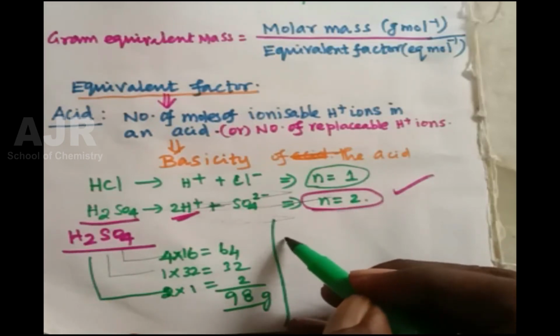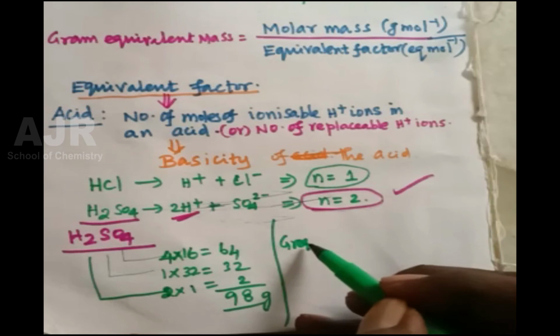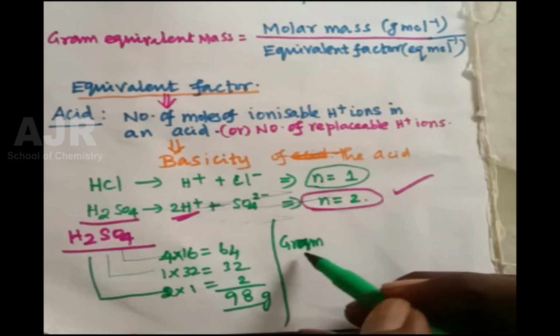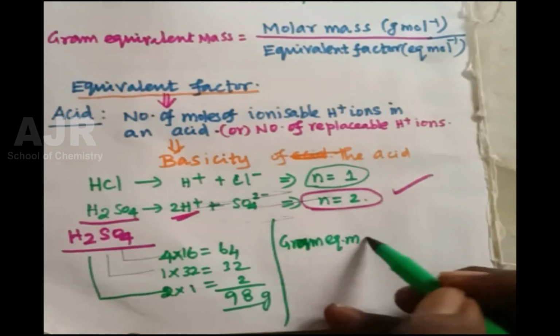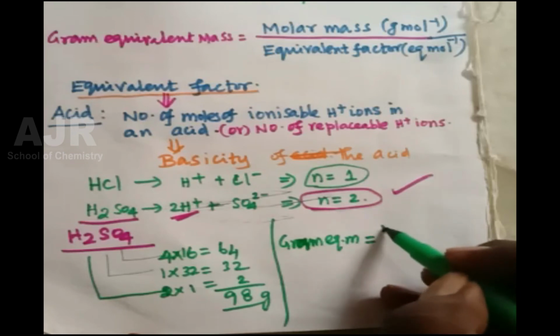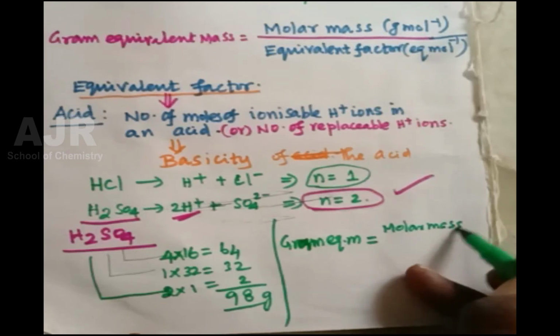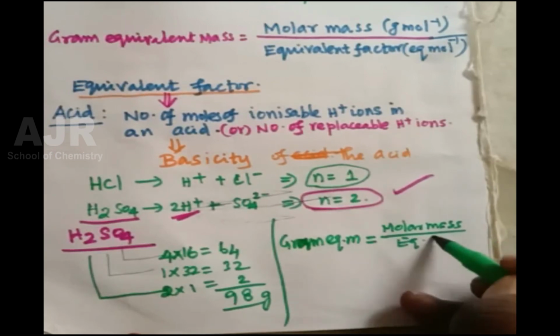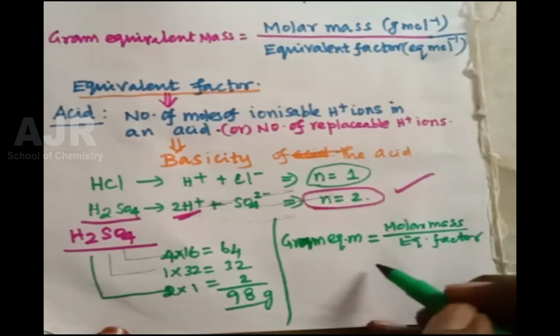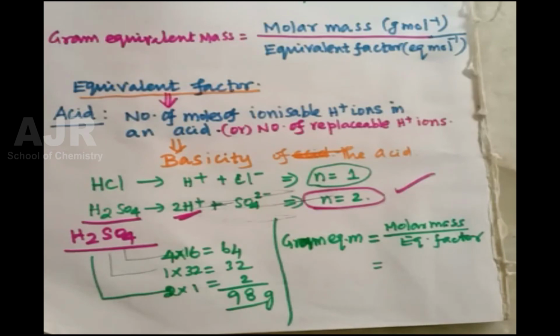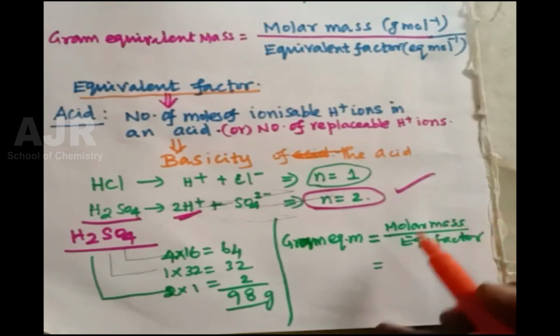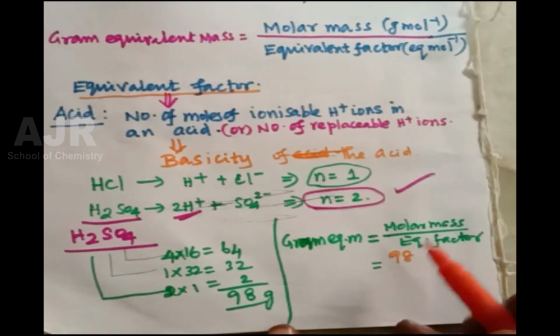So gram equivalent mass is equal to molar mass divided by equivalent factor. How much is the molar mass now? Molar mass is 98 gram for sulfuric acid.